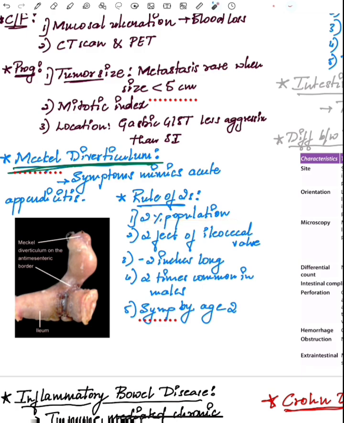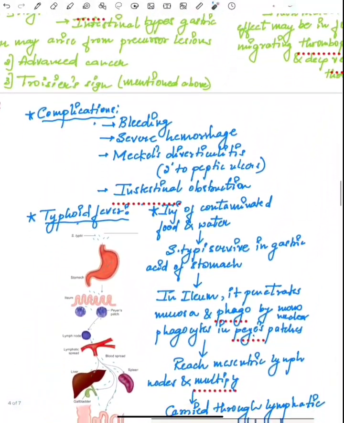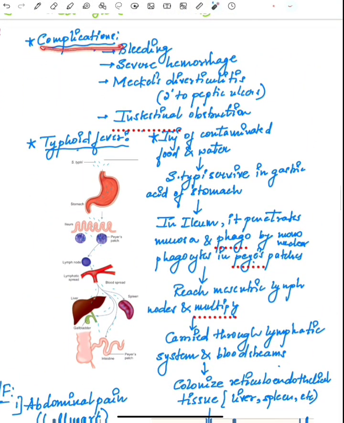It occurs 2 feet from the ileocecal valve. It is 2 inches long, 2 times more common in males, and symptomatic by age of 2. Now, complications of Meckel's diverticulum can be bleeding, severe hemorrhage. Meckel's diverticulum leads to secondary peptic ulcers, intestinal obstruction.